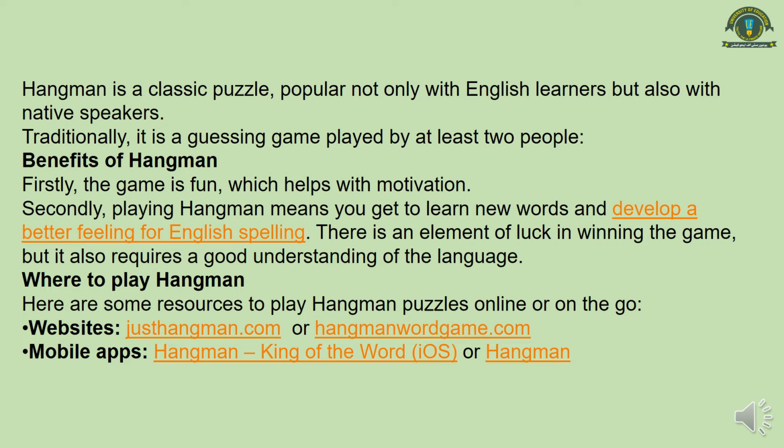If the guess is wrong, player 1 gets to draw a part of a man on a hanging pole, like a head or an arm. The drawing will grow with each wrong answer by the player. Typically, player 2 has about 8 wrong guesses before being hung and losing the game. If player 2 manages to guess the word before that, then they will be called the winner.